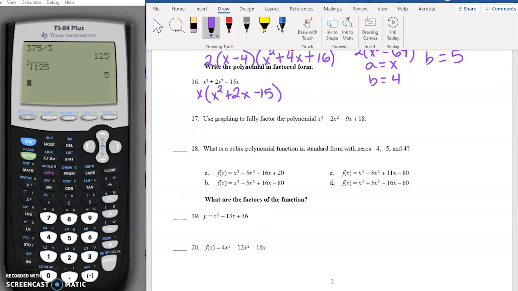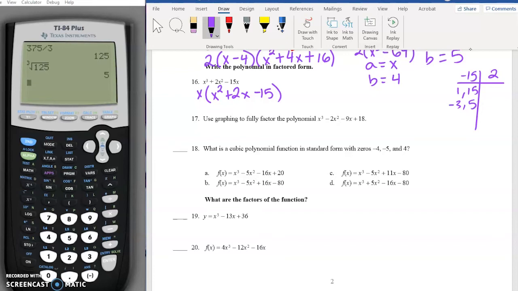We're going to see if we can factor negative 15 to find a sum of 2. If we can't get a set of whole factors, then we will go to the calculator. So if I'm going to factor negative 15, looking for a sum of 2, 15 goes into 1 and 15, and then 3 and 5. I need one of these to be negative.